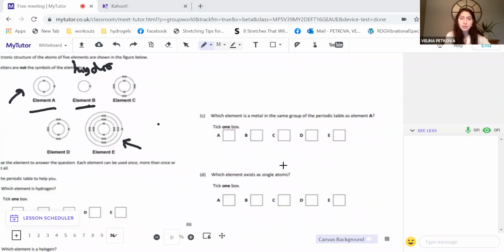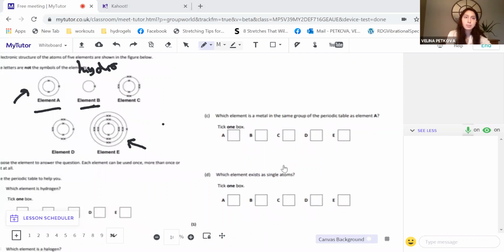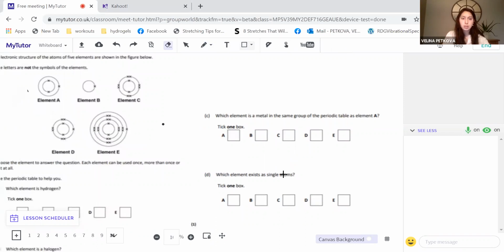So which element exists as a single atom? I can see some correct answers. We said that the noble gases exist as a single atom, and they always have full outer shells.